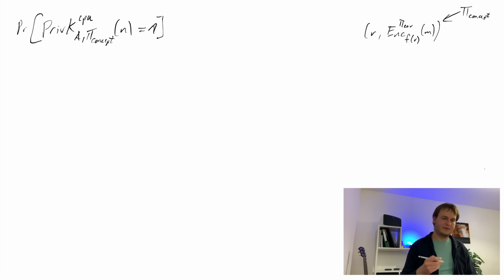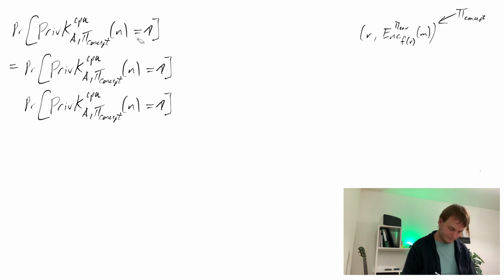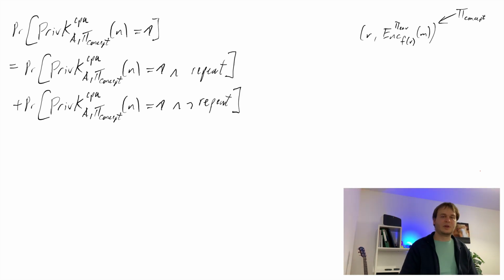So we look at the event repeat. The event repeat happens if the R that we are using in the challenge ciphertext is the same R as any of the R's that we used for any encryption query. So we're looking at the probability where repeat happens, and the probability where repeat does not happen.